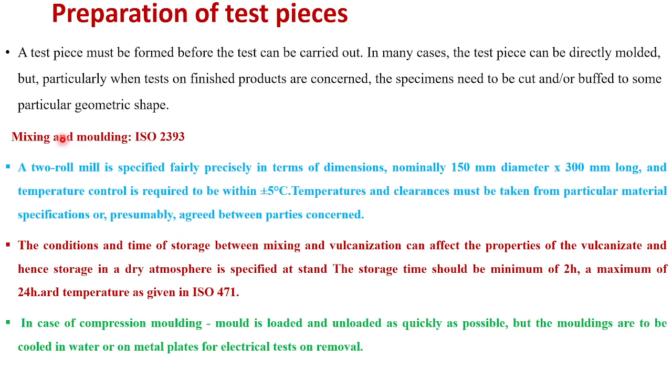So there is a standard, ISO 2393, where the preparation method and dimensions are all given. Also in the case of a two roll mill, it is specified fairly precisely in terms of its dimension. So what is the diameter? That is 150 mm by 300 mm long, or 150 by 350.